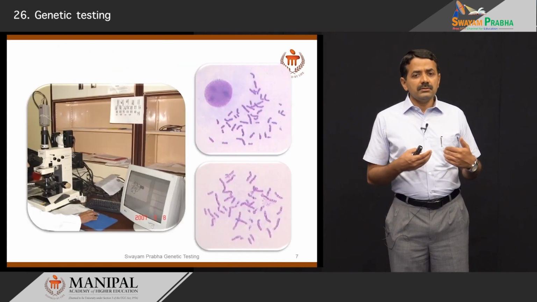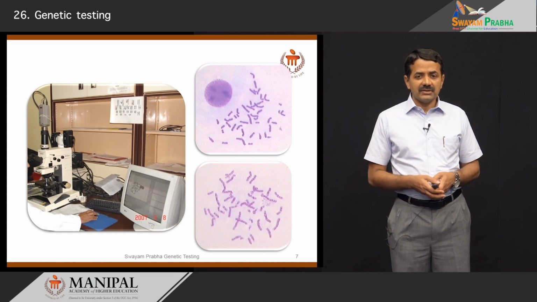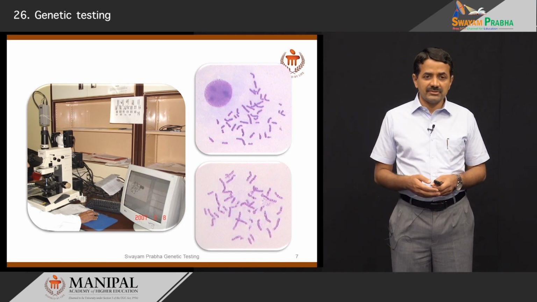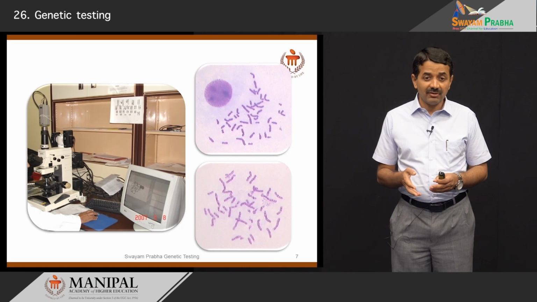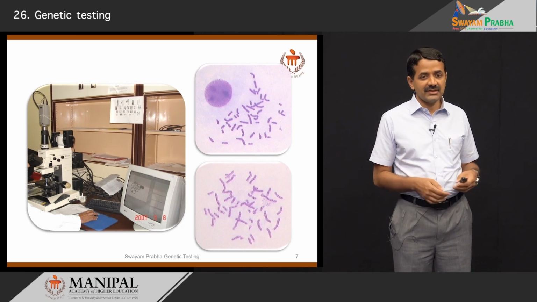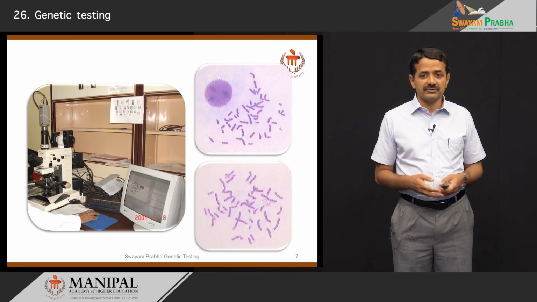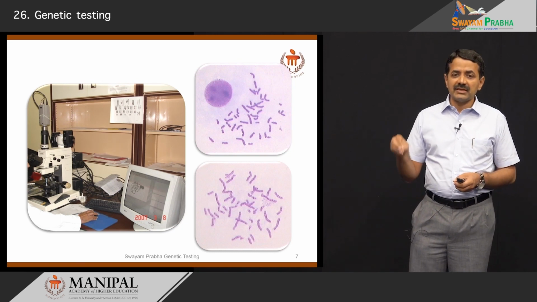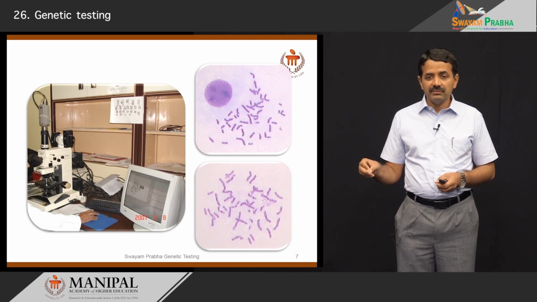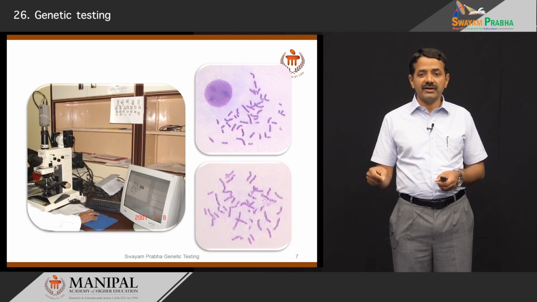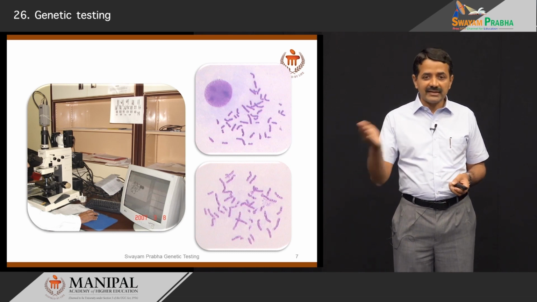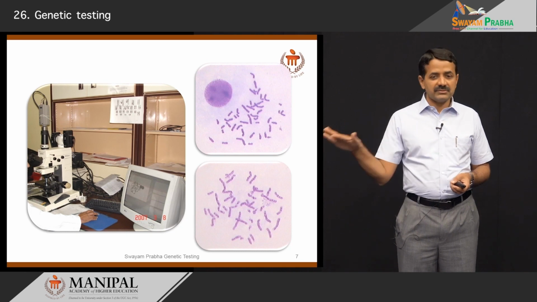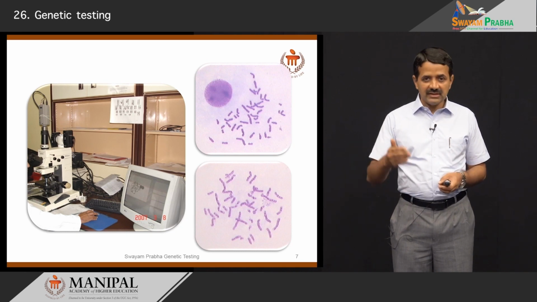Now, traditionally the karyotype has been the mainstay of evaluation of genetic disorders, or probably I would say it is one of the first genetic tests which was offered for genetic diseases. It involves taking cells which are live, which can be induced to divide or which are actively dividing, arresting them in metaphase, and spreading them onto a slide, as you can see here.